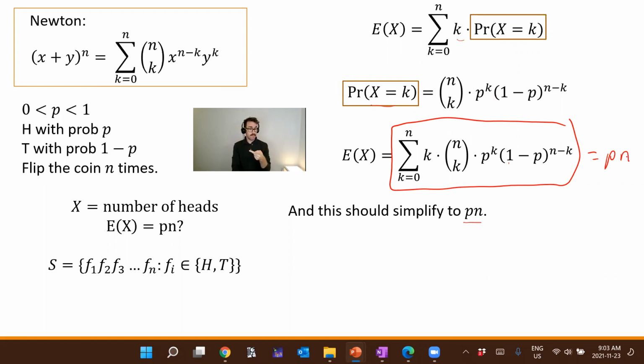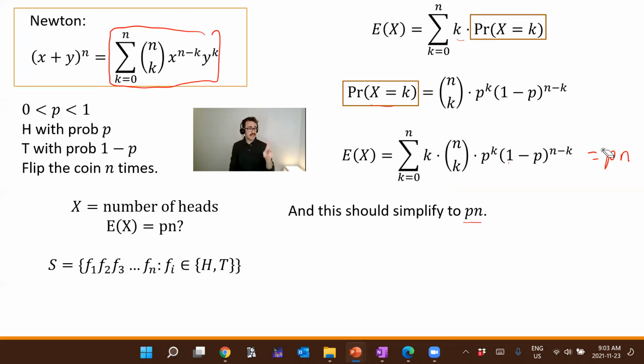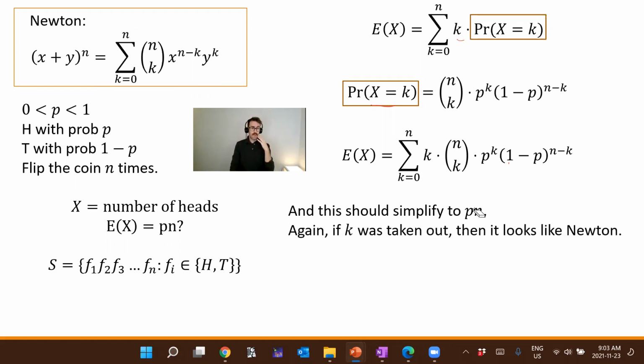So this, as we will notice, kind of looks like that, except we have this extra k term here, right? We've seen something similar to this before when we were looking at infinite series. There was a k there that we hadn't seen before, but we could introduce it by taking the derivative of the expression that we did know with respect to x at the time.